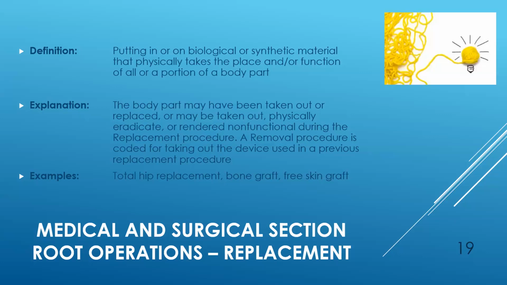All your free skin grafts, when they're not attached; if they're attached, pedicle, they'd be transfer, but we'll get to that later. Skin grafts again are taking over functionality because you need your skin to cover up the inner workings of the body. But it's just a portion of your body that'll replace your entire integumentary system. So I think these with the devices get complicated. Next slide, please.